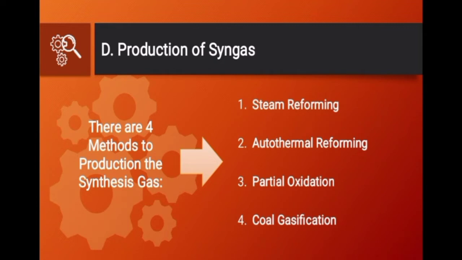The first is steam reforming. The second is autothermal reforming. The third is partial oxidation, and the last is coal gasification. What about their explanation? So check this out.